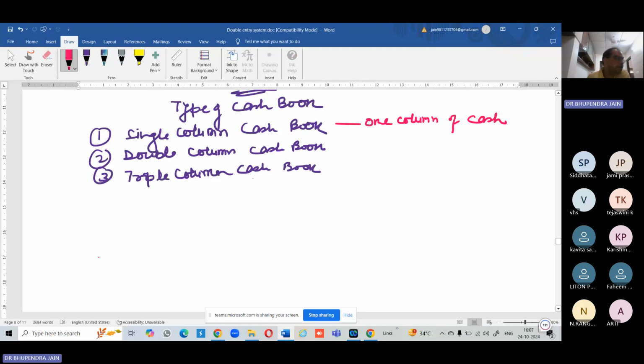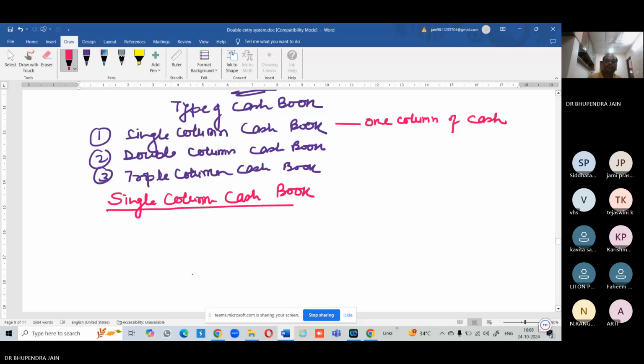Now how to prepare the single column cash book? Single column cash book is a book that has one amount column on each side.